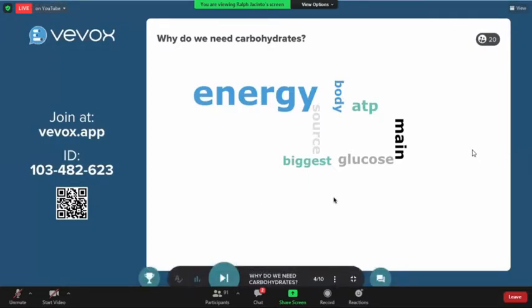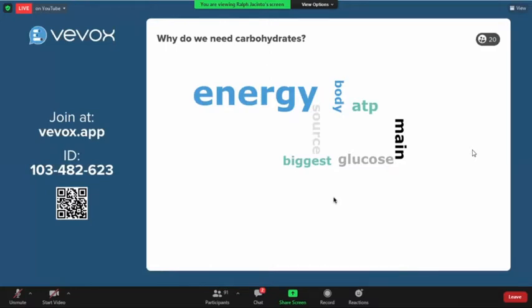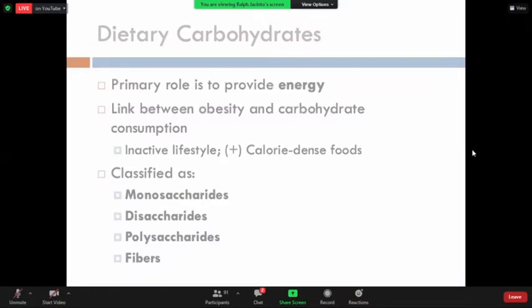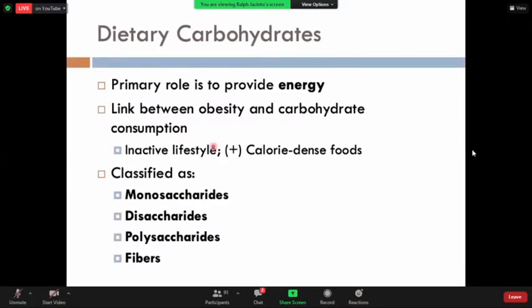In order to answer that, let's go back to the PowerPoint presentation. Carbohydrates, generally the ones coming from the diet, their primary function is to provide energy. So it's our main energy source, as you have learned before. The types of carbohydrates coming from the diet can also be classified in a similar way as what you have learned before. They can be classified as monosaccharides, disaccharides, polysaccharides, and fibers.